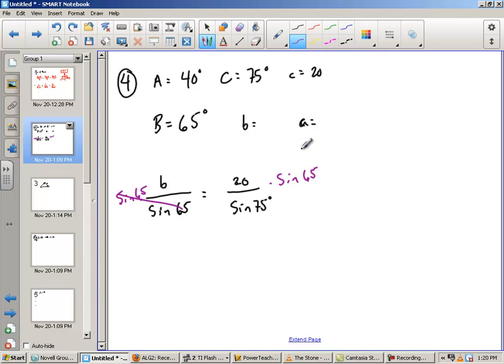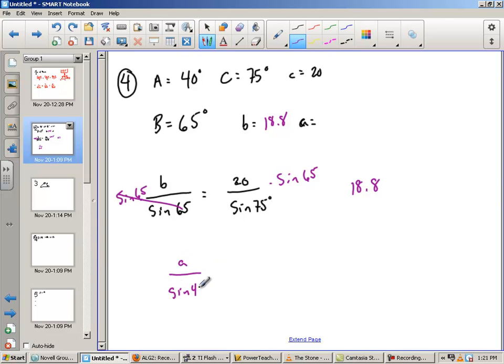I don't see anything in here that makes me think this won't work. 20 times the sine of 65 divided by the sine of 75 comes out to be about 18.8. And that's just fine. It's smaller than that. I don't see any reason why this wouldn't work.